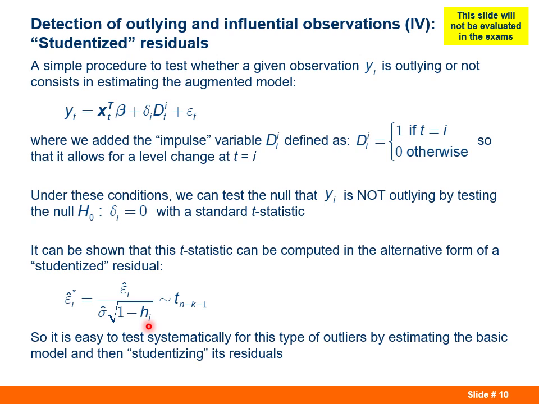Under the null that delta is equal to 0, the distribution for this residual is a t with n minus k minus 1 degrees of freedom. So this is an easy to compute statistic building on the result of the standard regression model.